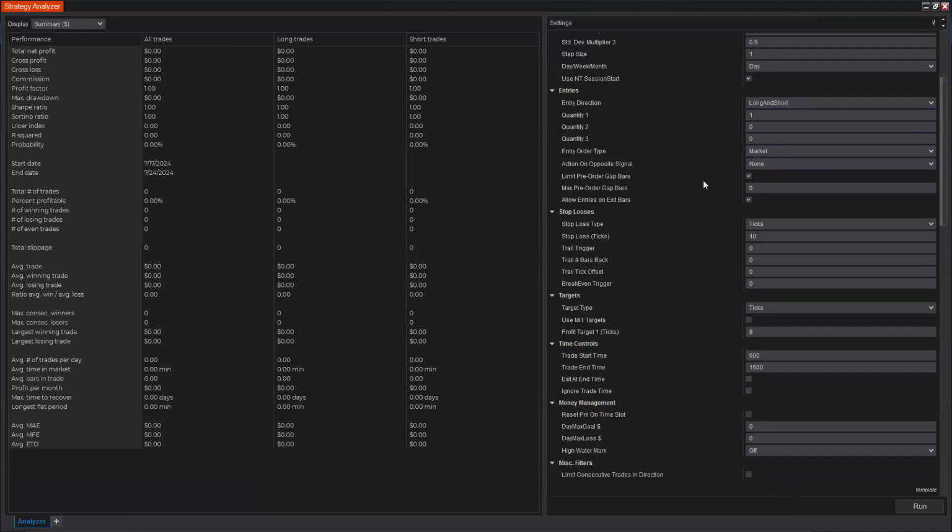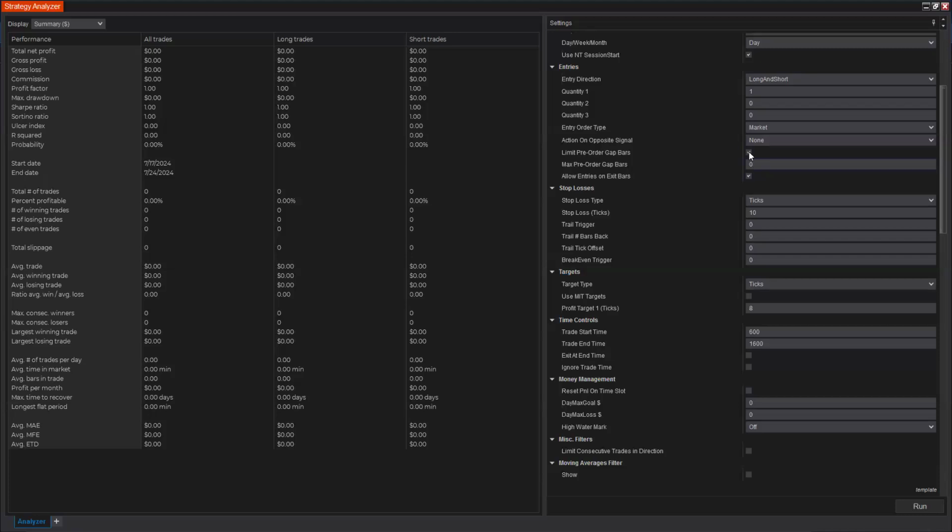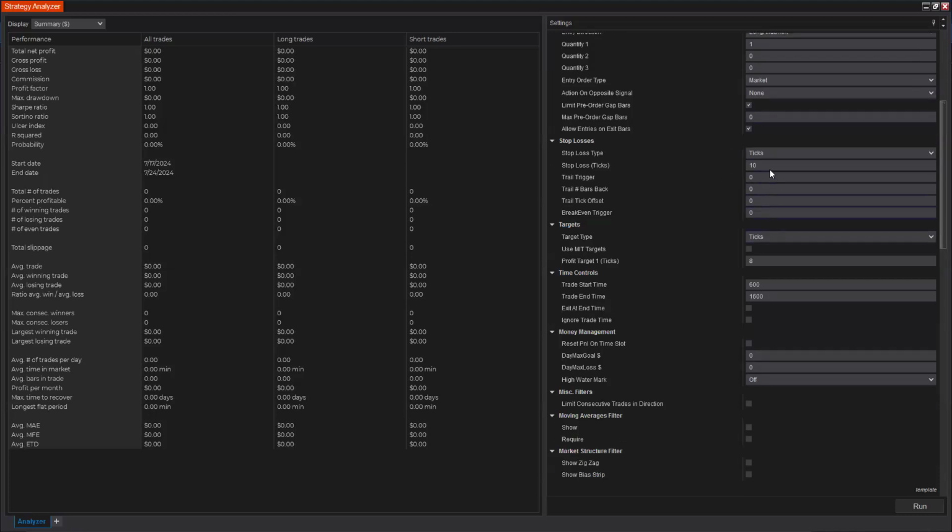Market orders, long and short, allow entries, that's fine. Let's go 12 and 12. I'm actually going to stick with, from an optimization standpoint, 10 to 11:30 because that's really the time that I want to optimize it for.